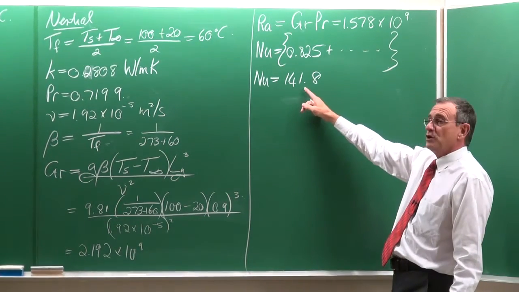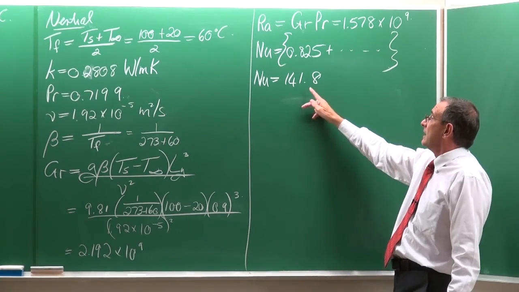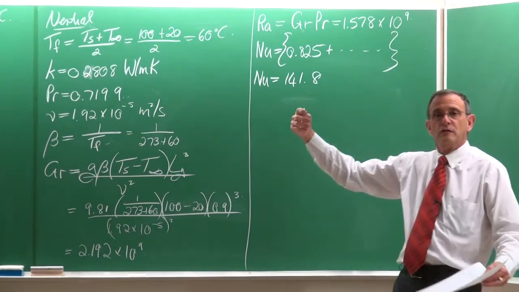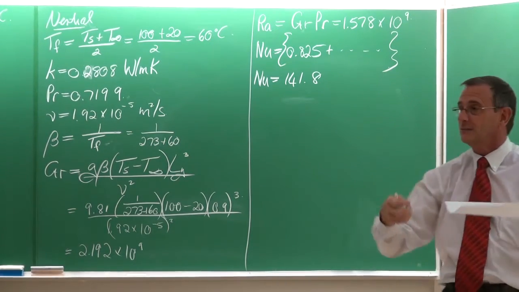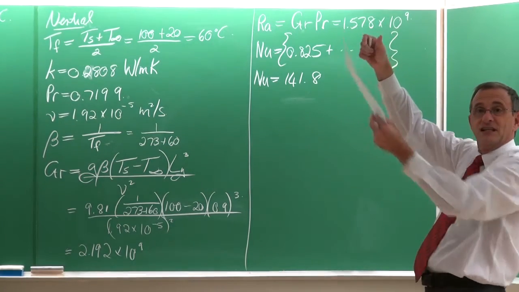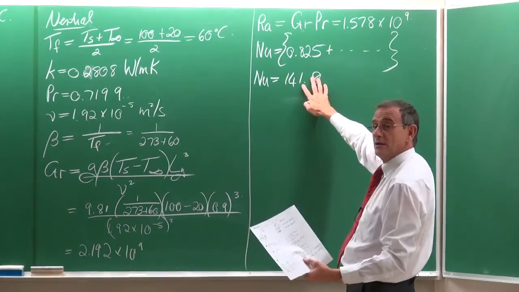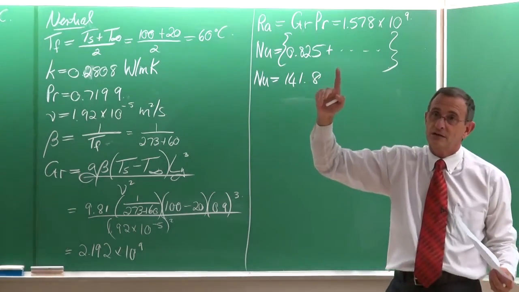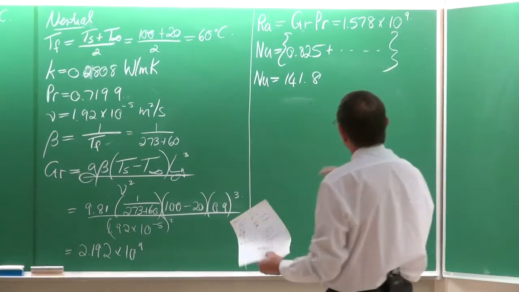So it means that because of natural convection, the heat transfer will be almost 142 times larger than conduction. If you take this plate into outer space where gravity is 0, there is no natural convection, and then the Nusselt number would be 1. Heat transfer will be by conduction only. Okay, that is what it means.